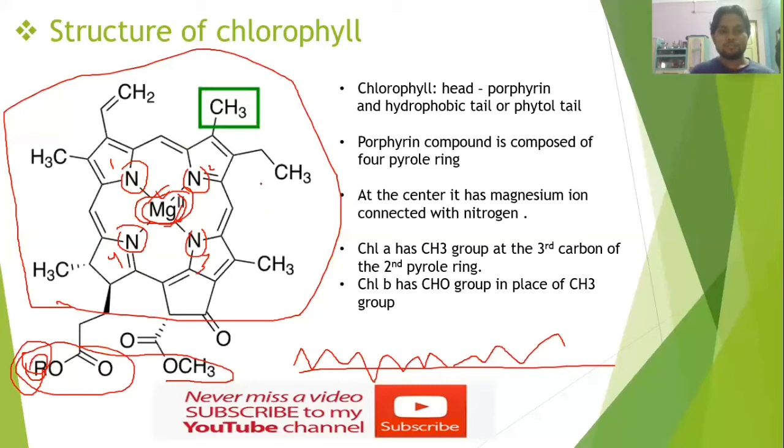Now see, this is the overview of a chlorophyll structure. It is similar in all the chlorophylls. Now there is a difference between chlorophyll A and chlorophyll B, and we are focusing on those.